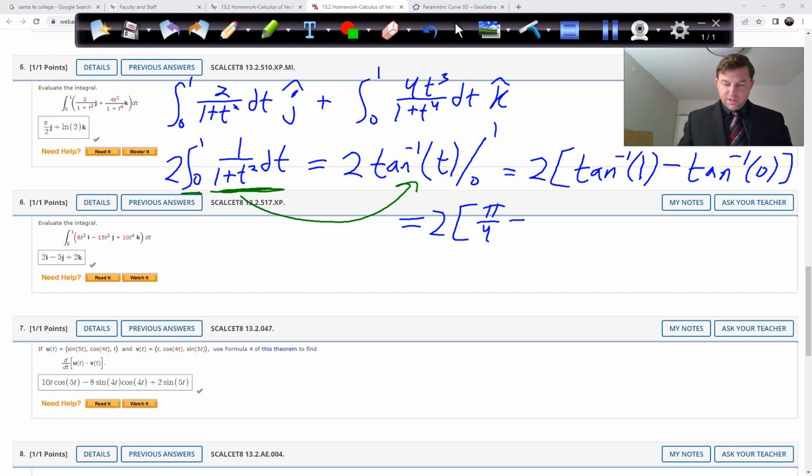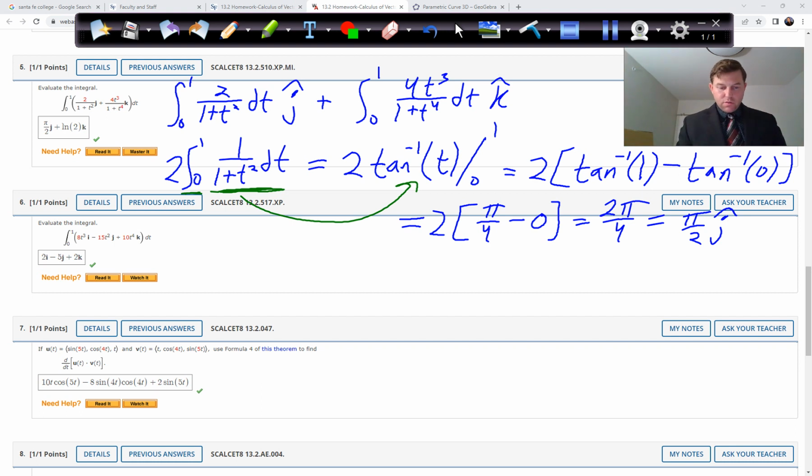Minus arctangent of 0 is 0. So this is all going to equal 2 pi over 4, which is the same as pi over 2. So the integral in the j direction is pi over 2. Okay, so that's half of it.